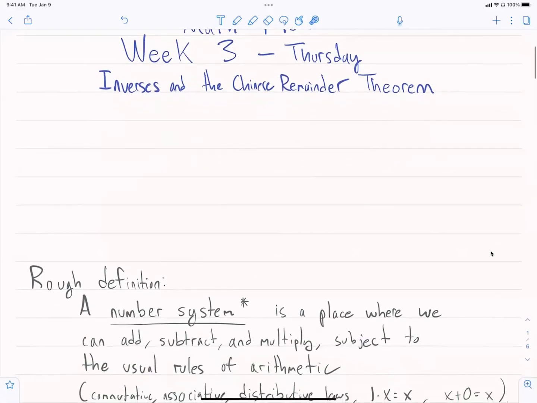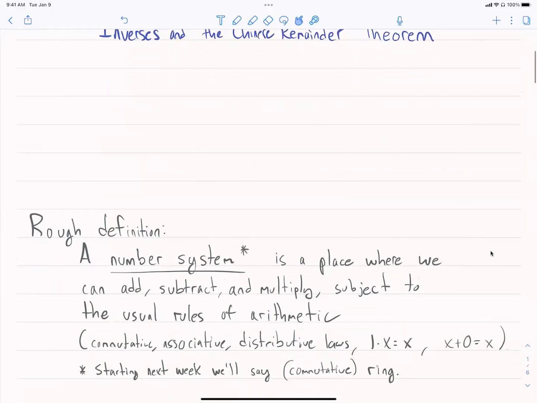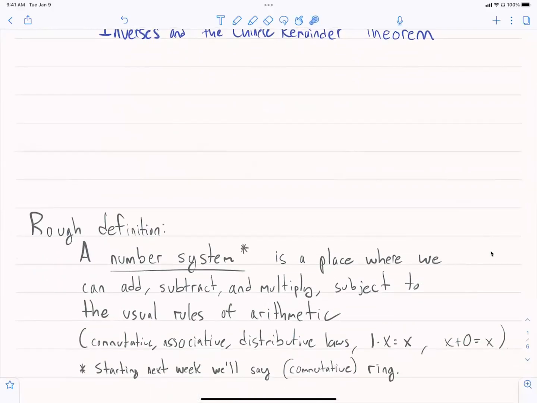I want to start by recalling a rough definition that we already stated in class today, but let me state it again. When I say a number system, that means a place where we can add, subtract, and multiply, subject to the usual rules of arithmetic.